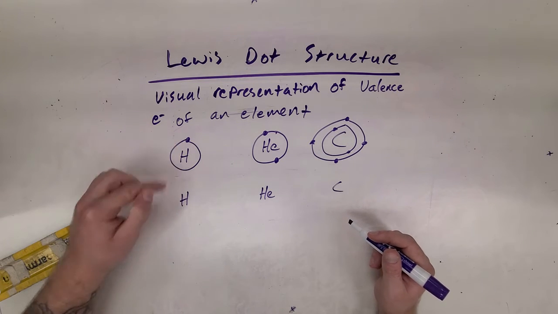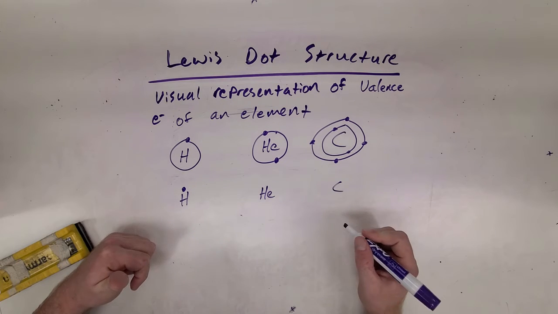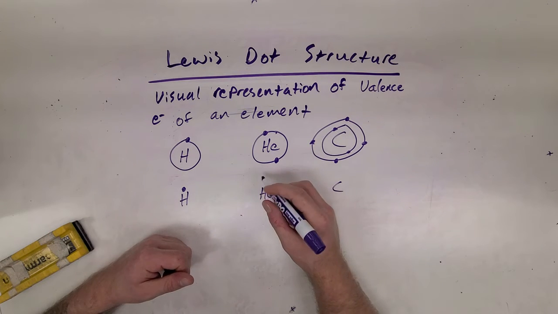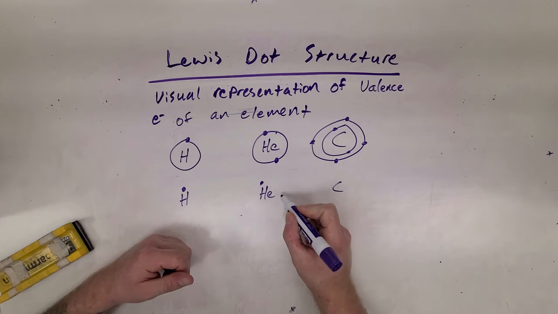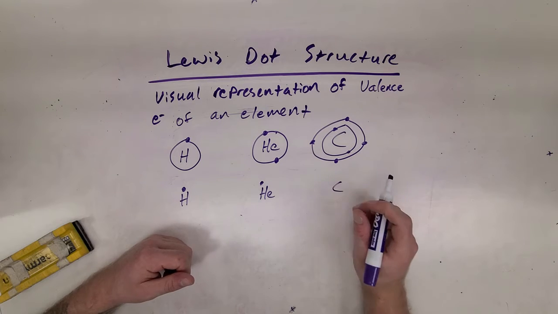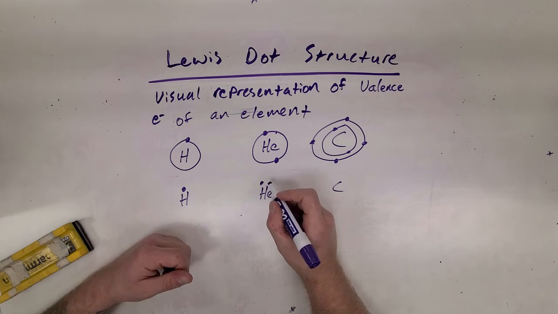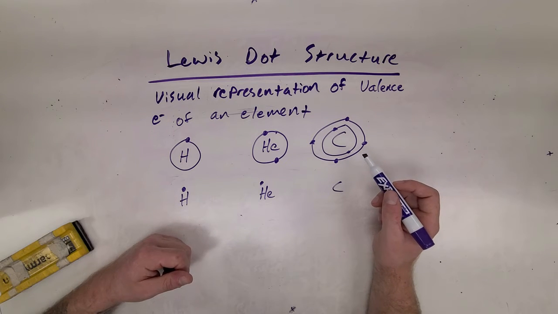Basically, the electrons that allow an atom or a specific element to interact with another element. So hydrogen only has that one energy level. How you would draw it in a Lewis dot structure is just that one dot. Helium is a special instance. Normally we would go down the sides and around when we draw Lewis dot structures, and I'll demonstrate that in these other examples. But because helium has a complete energy level, it is the last element in its row.